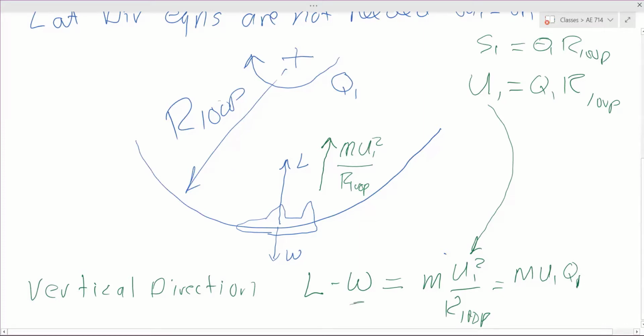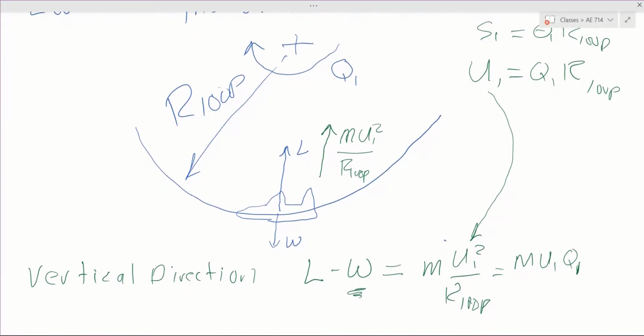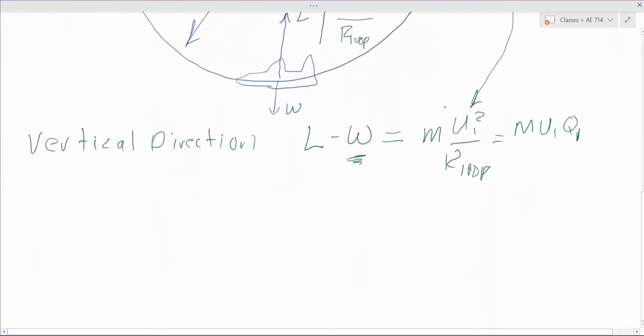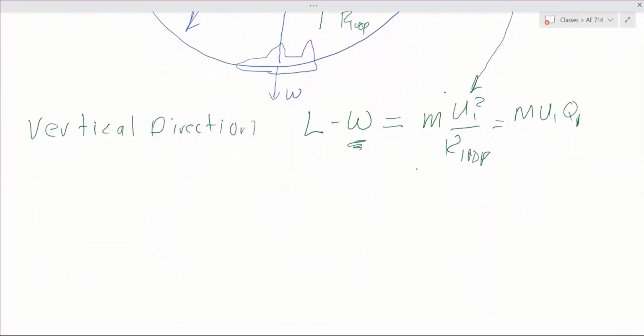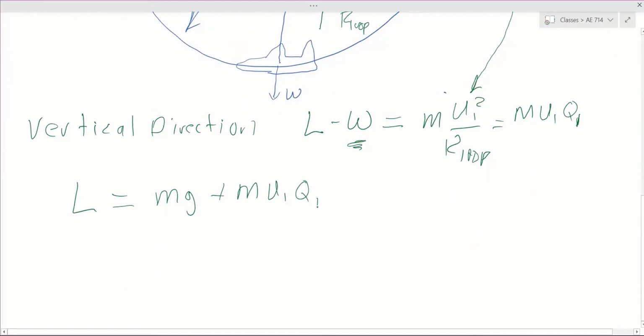And then we're going to move the weight over to the other side to find out what the total lift is. So this is an easier force balance than the turning flight, because in turning flight we had vertical directions and horizontal directions. And here all we've got is vertical. So here lift is equal to mg plus m U1 Q1.